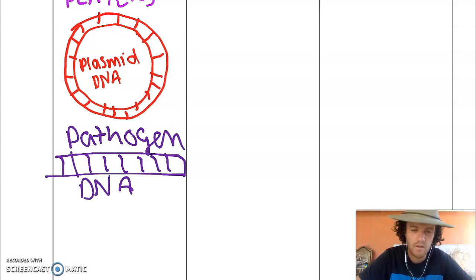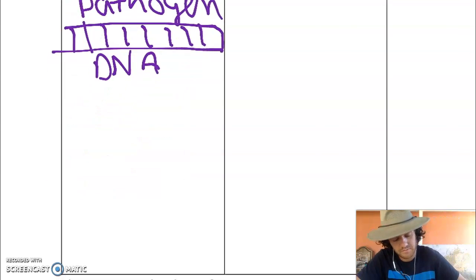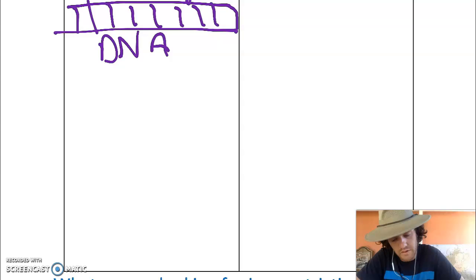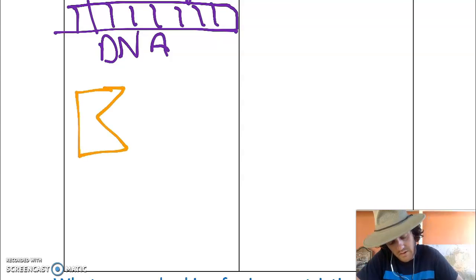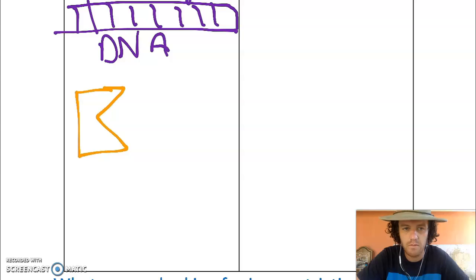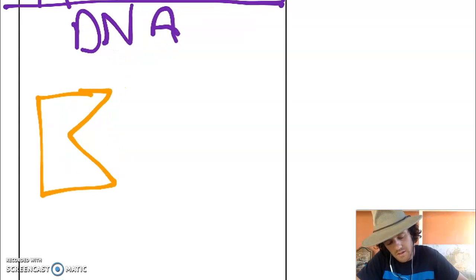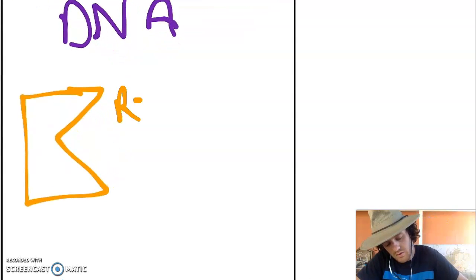All right. There are a couple other key players in this procedure. I'm going to be using two different types of enzymes. The first enzyme I'm going to draw kind of like a Pac-Man but in the shape of a box. This enzyme is called a restriction enzyme.